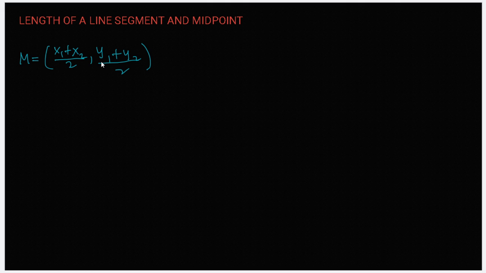On the other hand, to be able to find the length of a line segment, we can say distance is equal to the square root of quantity x sub 2 minus x sub 1 squared plus quantity y sub 2 minus y sub 1 squared.